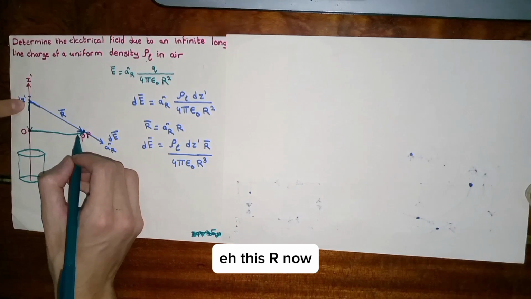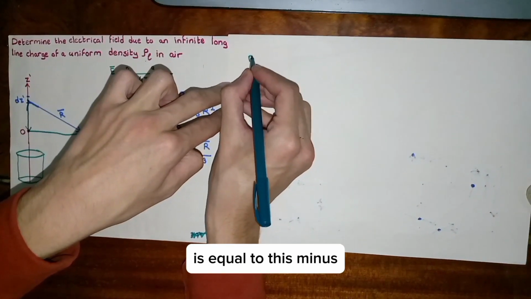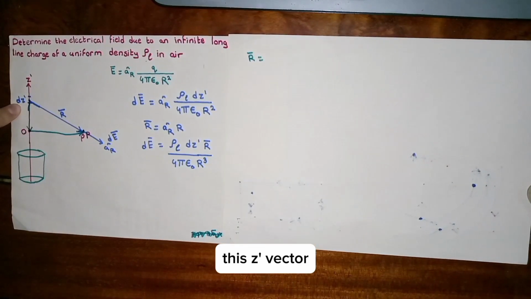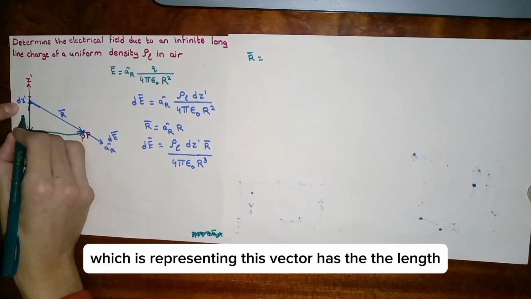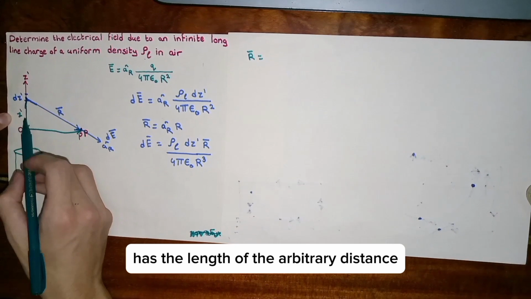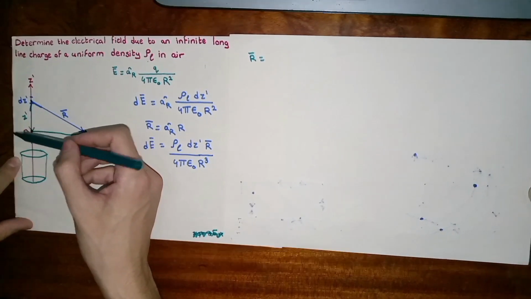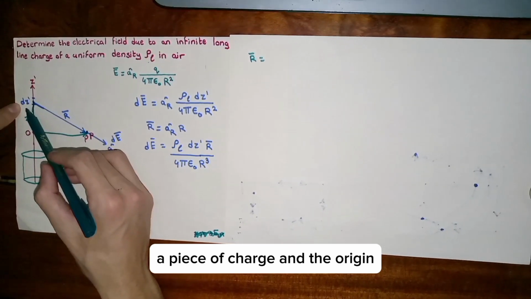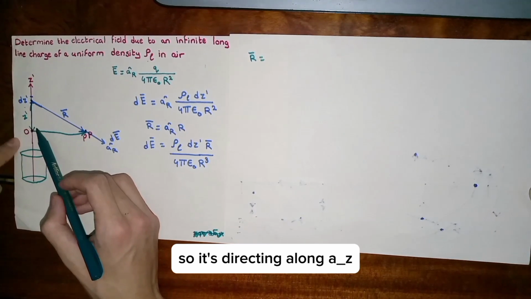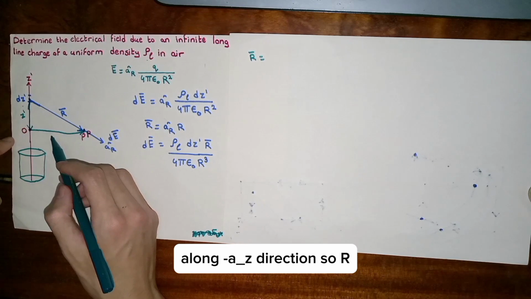This R vector is equal to this minus this z prime vector. This vector has the length of the distance between this small differential piece of charge and the origin, and it's directed downward, so it's along the minus a sub z direction.